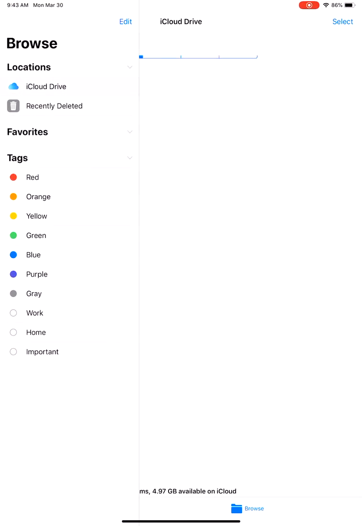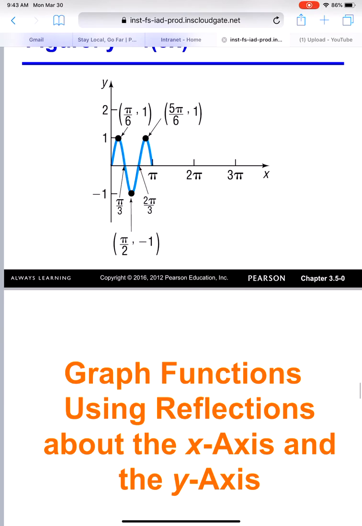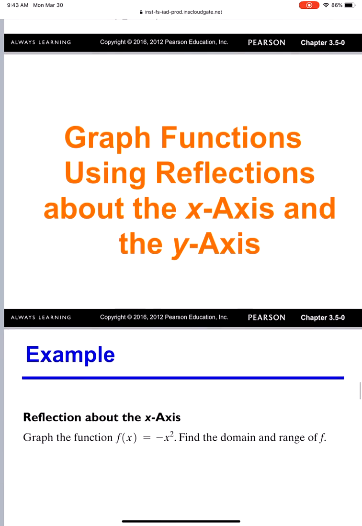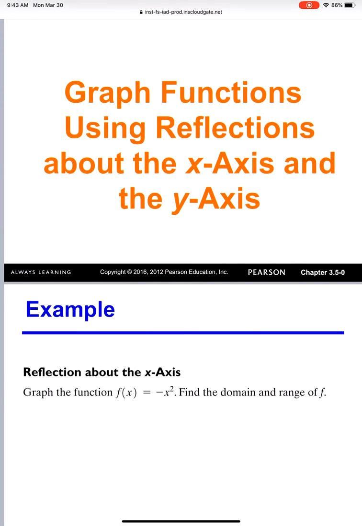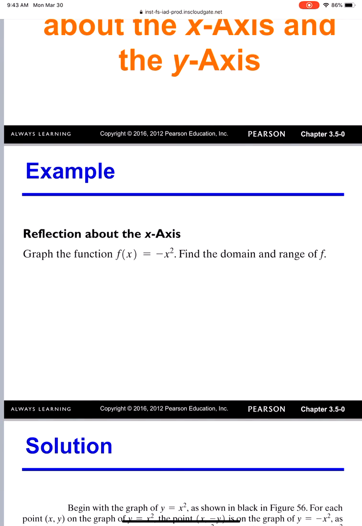Where's that PowerPoint? I want to go back to this PowerPoint. The last part of section 3.5 talks about using reflection about the x-axis and y-axis. We talk about it, so I quickly want to talk about the PowerPoint. Reflection about the x-axis. What's going to happen? You're going to have a minus in front of the entire function.